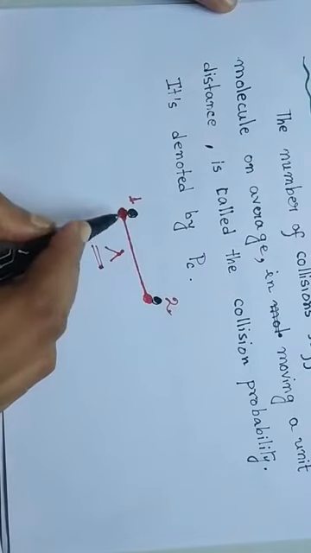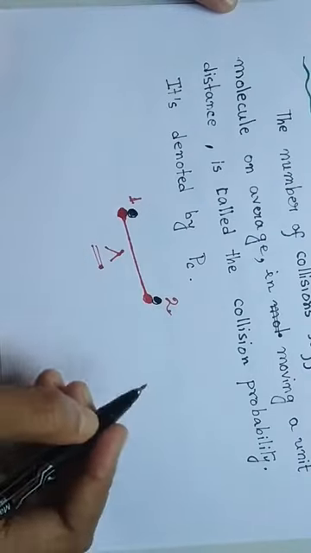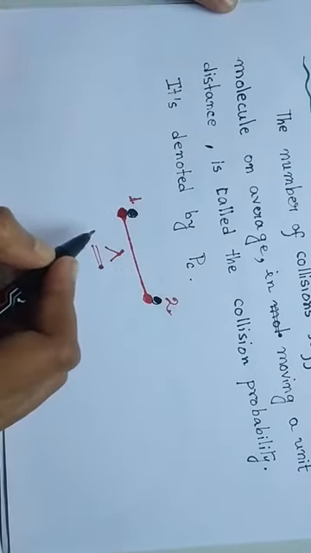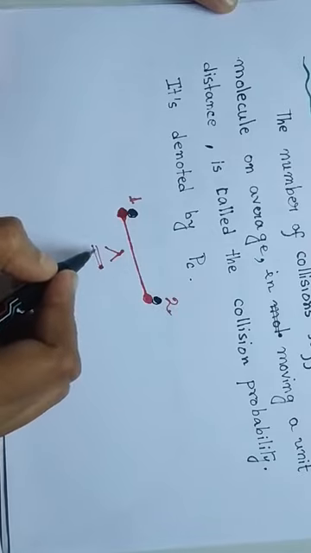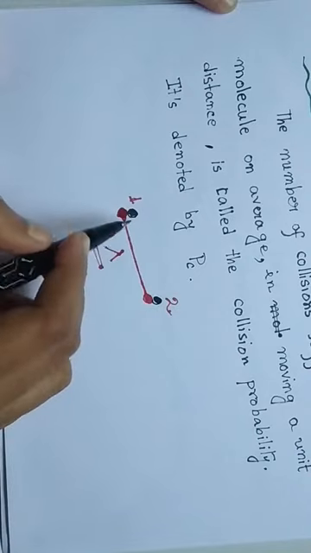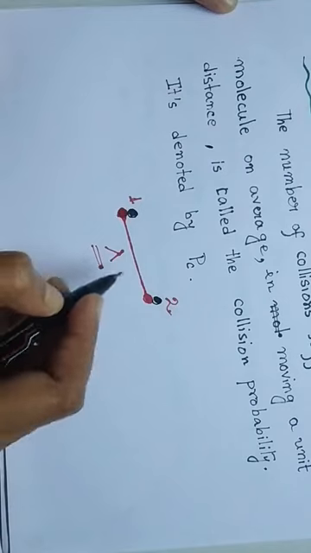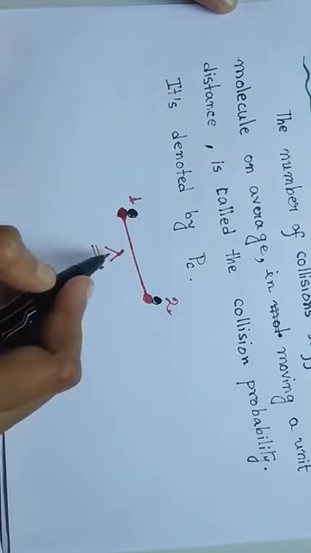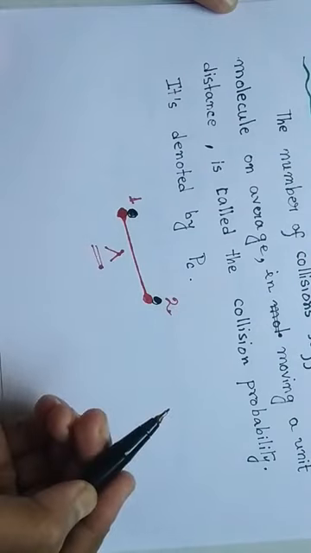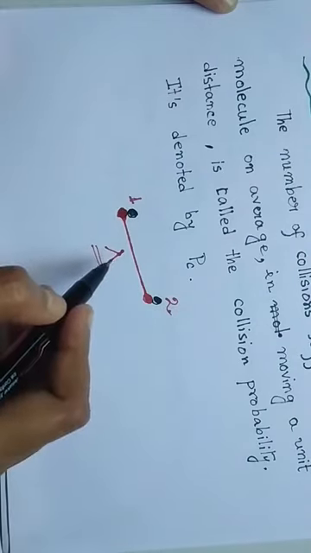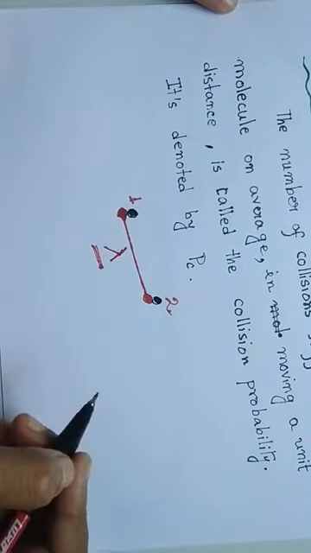Between two collisions, it may travel a distance less than lambda, or greater than lambda, or even equal to lambda, but on average it will travel a distance of lambda.